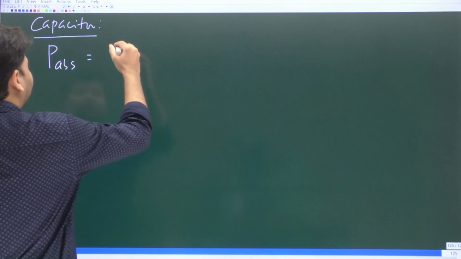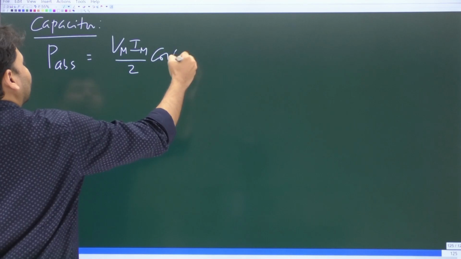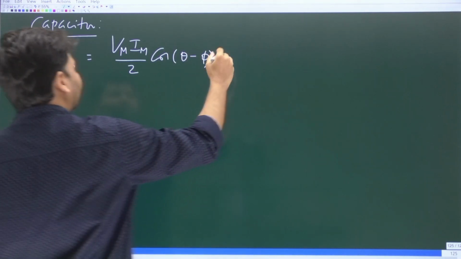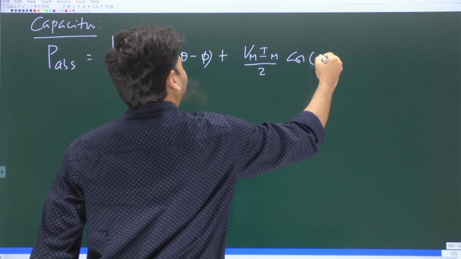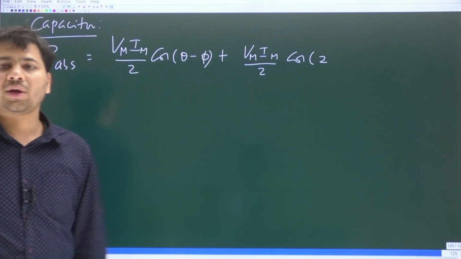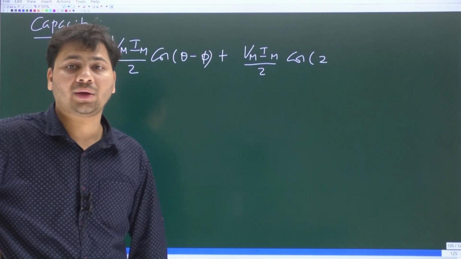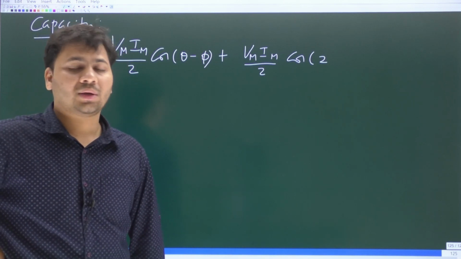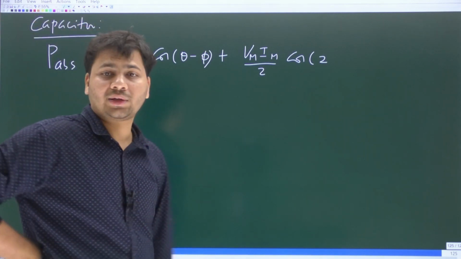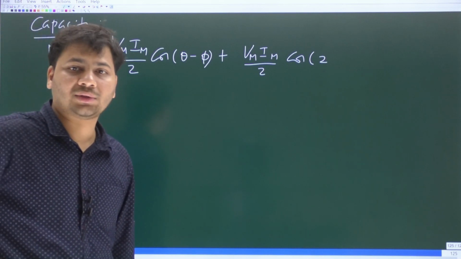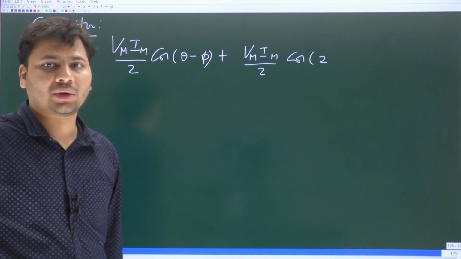If you recall, we got it as Vm Im by 2 times cos of theta minus phi plus Vm Im by 2 times cos of, and we found that the power absorbed is also periodic, but the frequency will be twice that of the sinusoidal voltage or current for that element. Voltage and current have a frequency of omega, whereas the power function is periodic with a frequency of 2 omega.